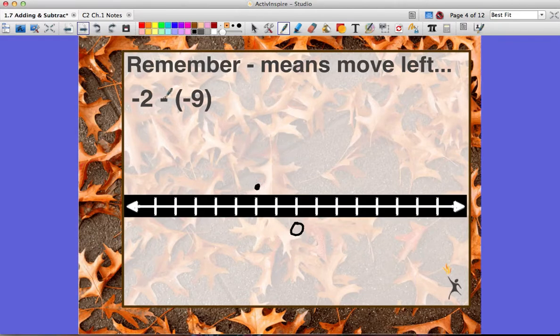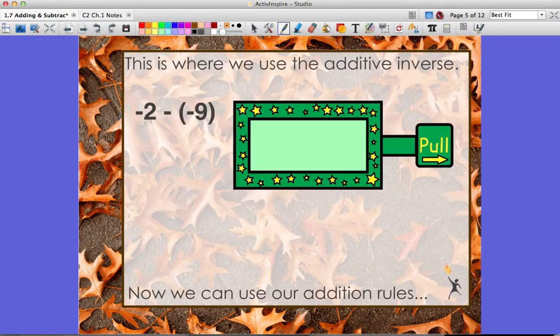So in this case, moving left negative 9 spaces, it's not going to work very well with the number lines. So what I like to do, instead of using the subtraction and then the negative, I like to change it because we have rules for addition. So I like to change it so that way we can use the additive inverse and make this into an addition problem. So what this means is, instead of subtracting the negative 9, I'm going to add its additive inverse.